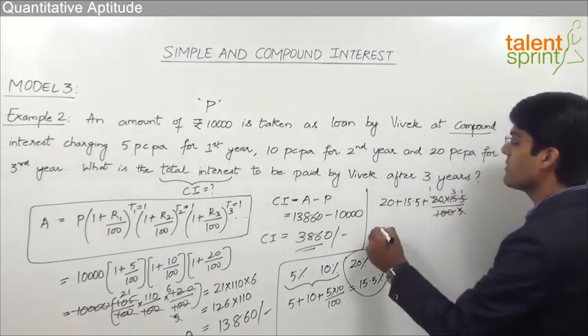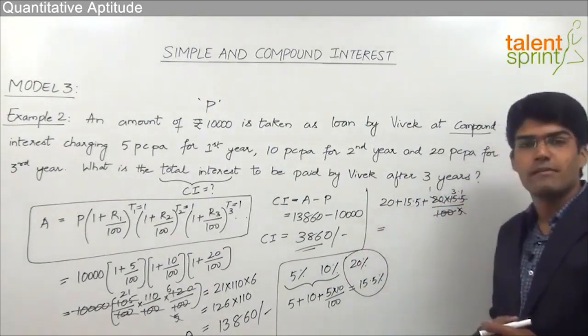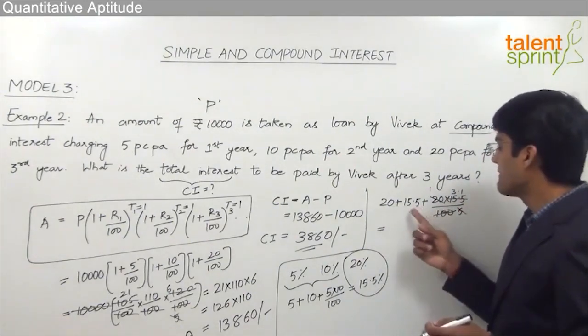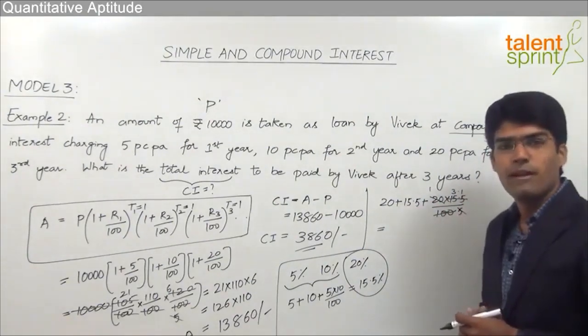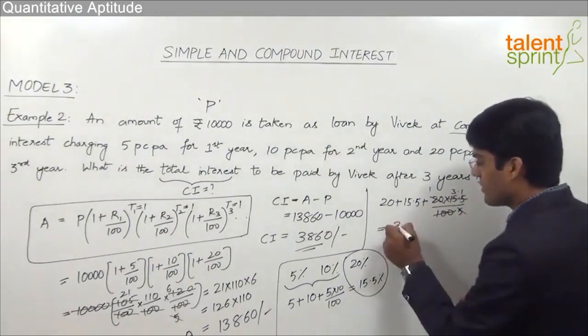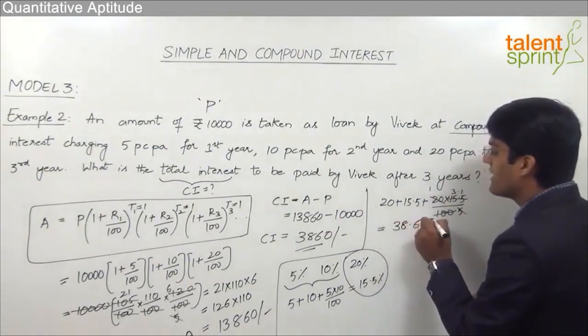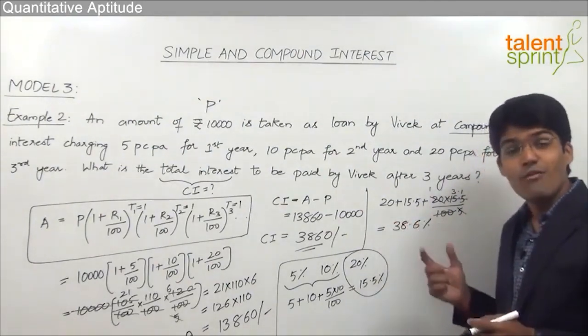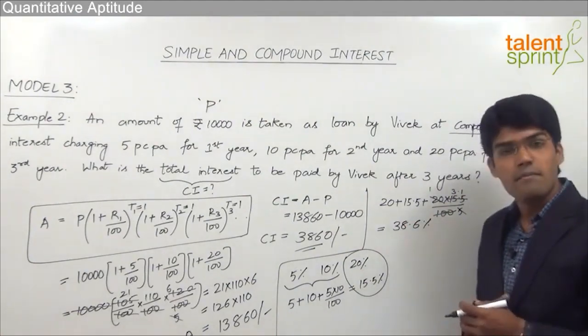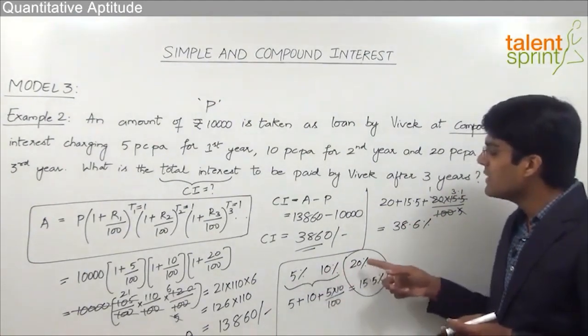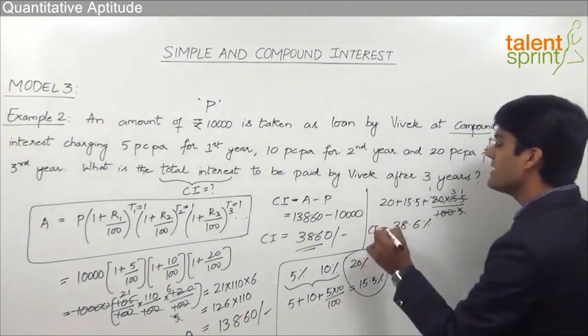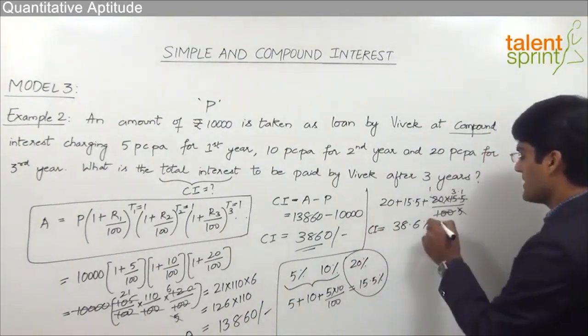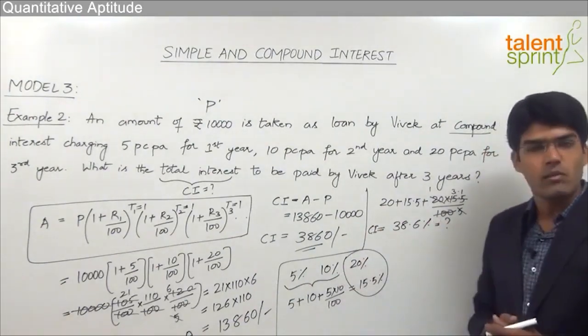So the overall answer here would be 20 plus 15.5, that is 35.5. 35.5 plus 3.1 would be 38.6. So the overall answer would be 38.6%. So now we can say that the total compound interest for these three values together would be 38.6%. So our question is 38.6% is equal to what?